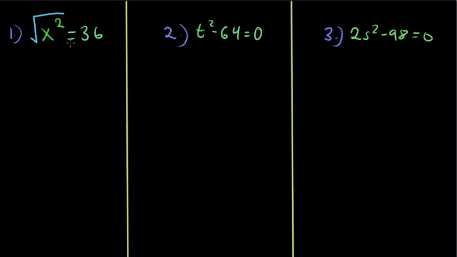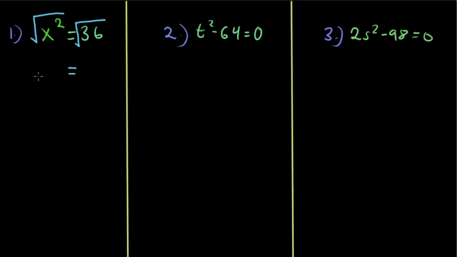Kaya lang, may mahalagang bagay kang dapat tandaan. Kung ano man yung gagawin mo sa isang side ng equation, this is an equation right here. Kung ano man yung gagawin mo sa isang side, dapat gagawin mo rin sa kabila. Para manatili yung kanyang overall value. Kasi ang sabi dito sa statement, equal sila. So kapag in-extract ko yung root ng kabila, dapat ganun din sa kabila para manatiling equal sila hanggang mahanap ko yung hinahanap ko.